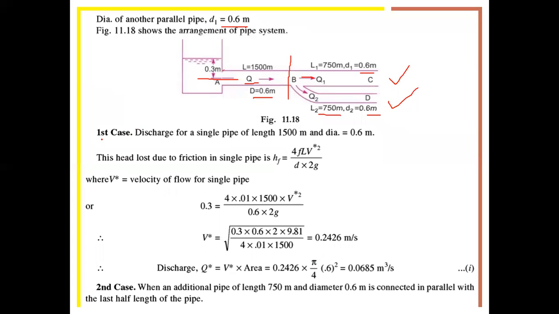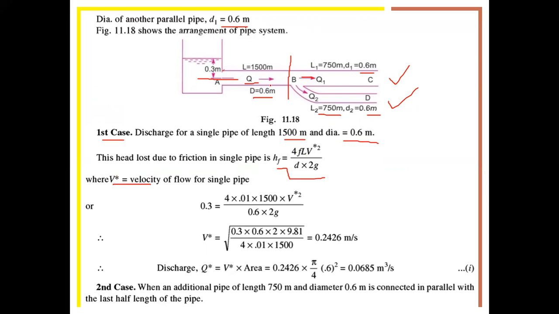Now taking the first case into action, discharge for the single pipe for length 1500 meters and diameter is 0.6 meter. The head loss due to the friction in the single pipe, HF is equals to 4 into F into L into V square by D into 2G. Okay, the head loss formula where V star is equal to velocity of flow for single pipe.